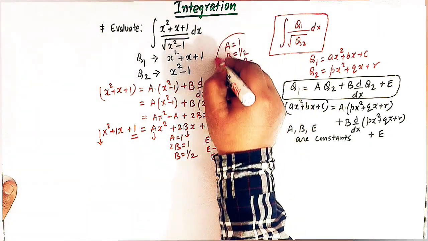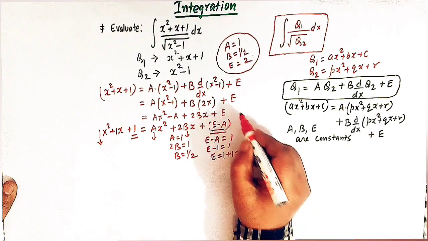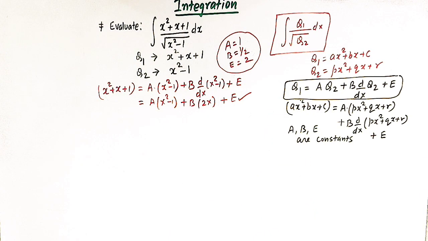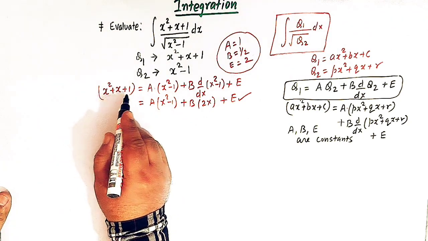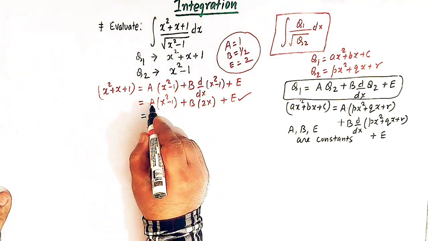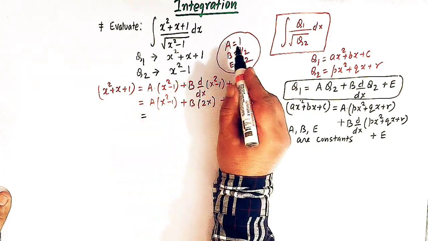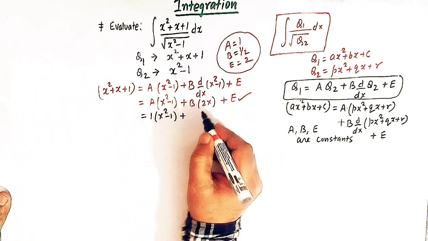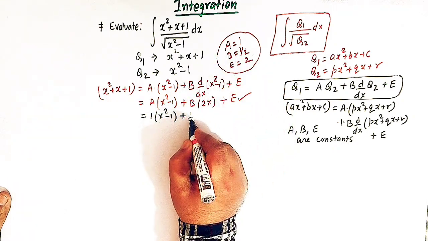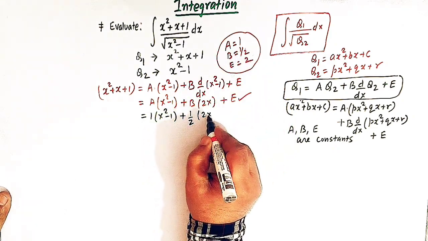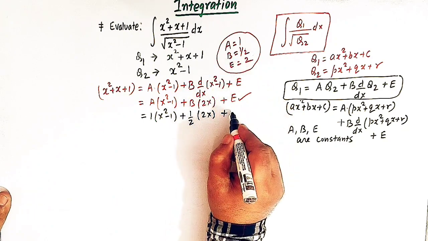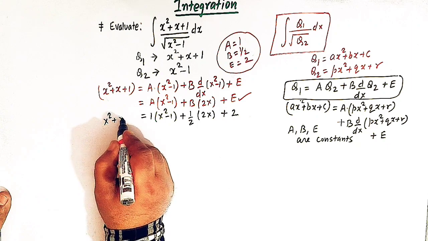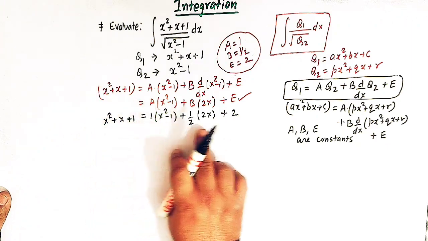So now let us substitute these values in this expression. So now x square plus x plus 1 may be written as a is 1. So here we have 1 times x square minus 1. Then we have b is half. And here we have 2x and e is 2, right? Okay, so now we have x square plus x plus 1 is equal to this expression.